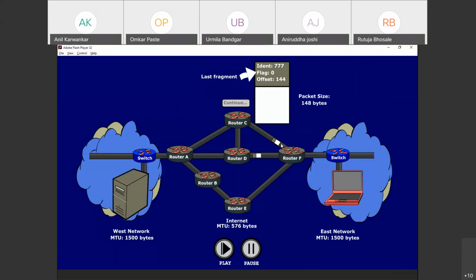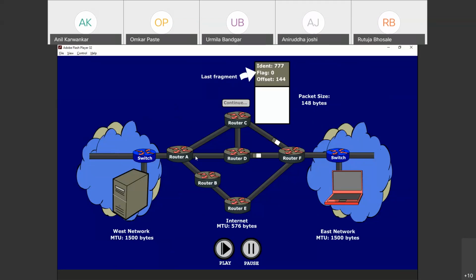And the remaining packets are again propagated through the path F, D and A. So one complete packet of 1300 bytes is divided into three different packets. One will be routed through F, D and A. Second packet will be routed which will have a size of 148.